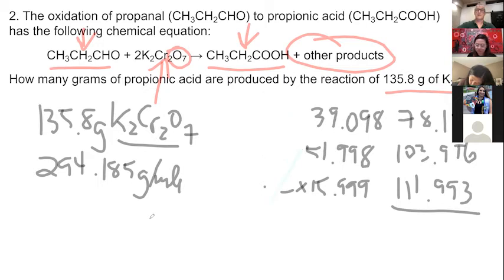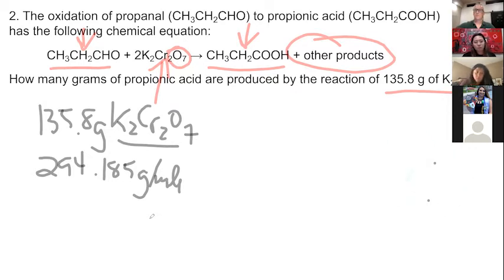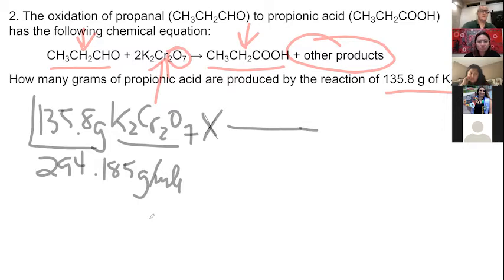What other information am I going to need? What's the next thing to do? So I've got my grams. I'm going to multiply this by something to give me my moles. How do I convert this to moles?